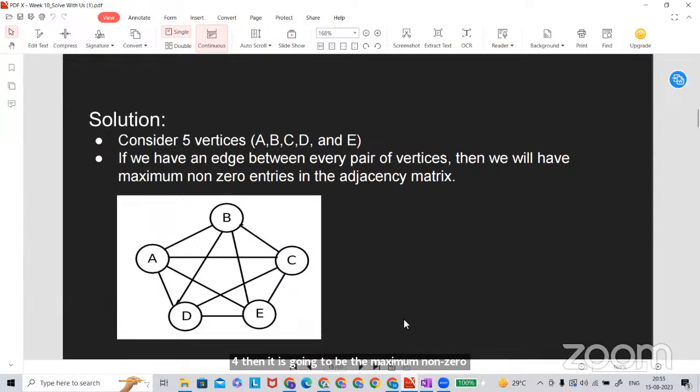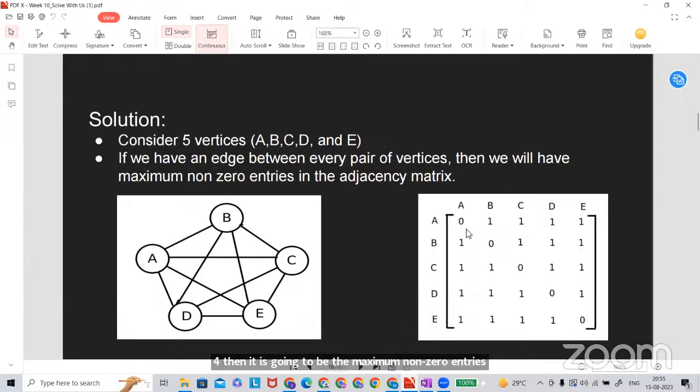So for this, we can form the adjacency matrix. Except the diagonal, each entry is going to be non-zero. The diagonal is zero because there is no edge from A to A. Rest all, each vertex is connected with a different vertex.